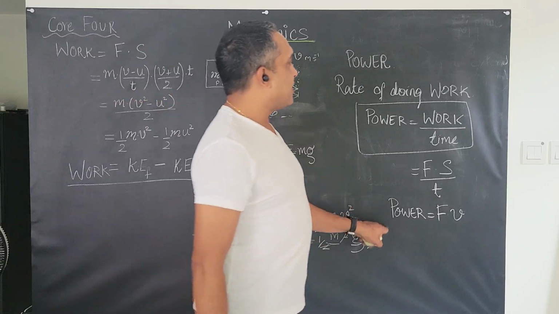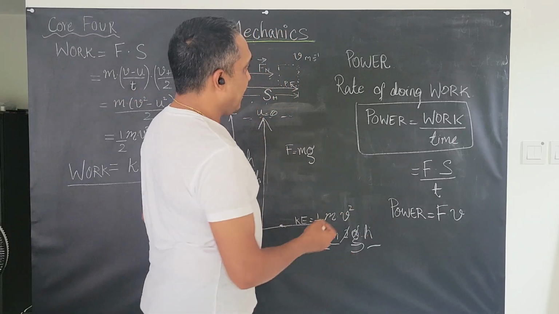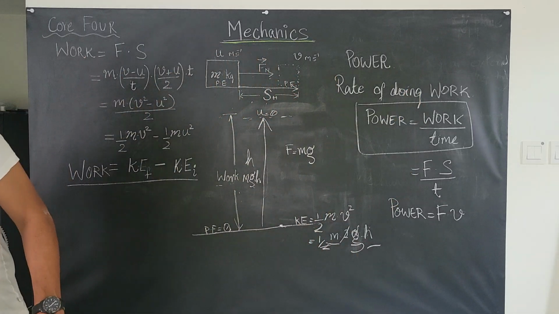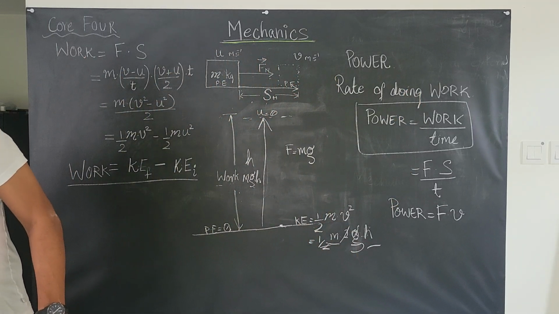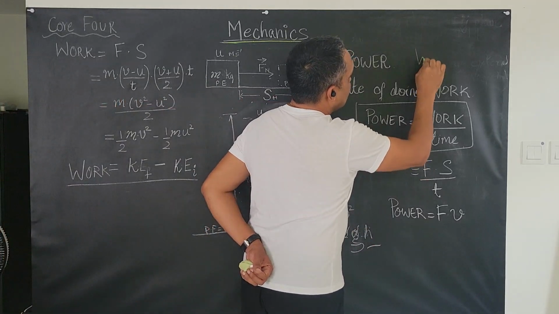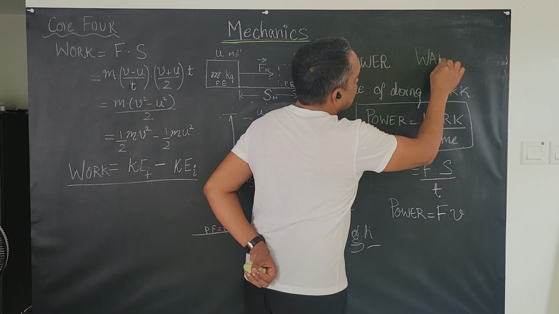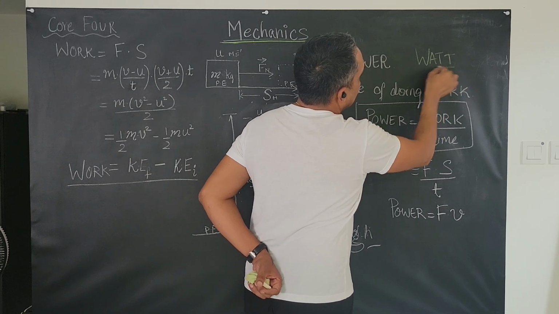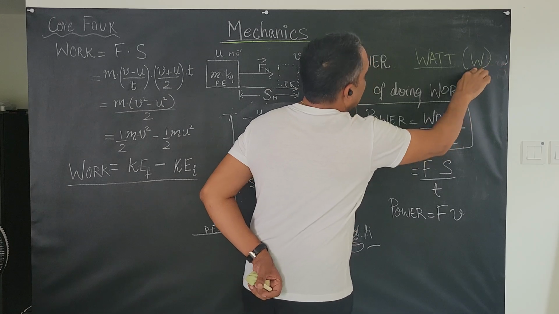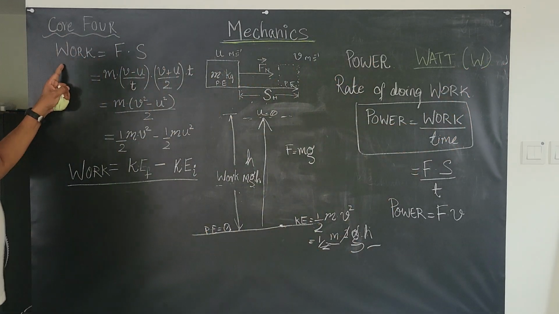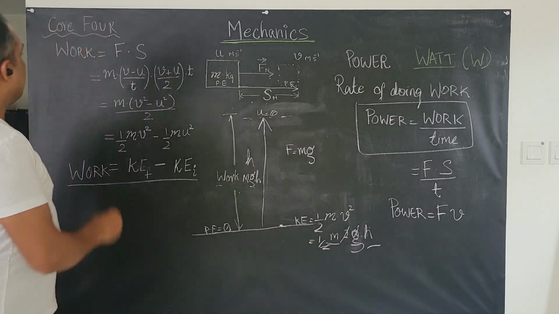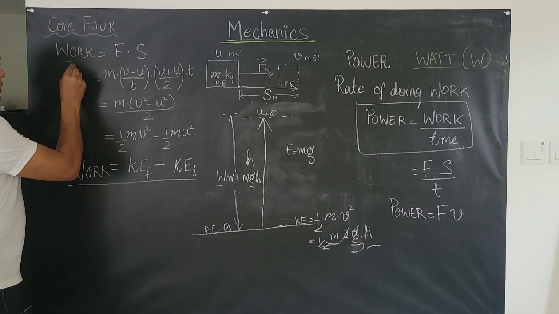And power typically, and this is tricky, people would use a unit called watt, often denoted as W. That's why I was careful here not to write W is equal to F times S, because work is measured in joules, J, right?